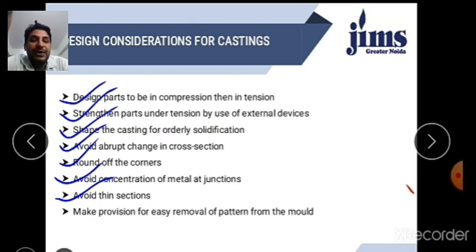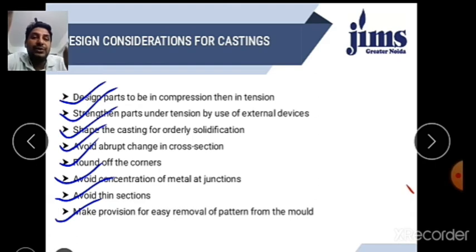Next one is make provision for easy removal of the pattern from the mold. I think you should have some idea about casting. In casting, there is a pattern of the desired shape, and that is used to create the cavity. In that cavity molten metal is poured and gets solidified, and ultimately after solidification you get your component.